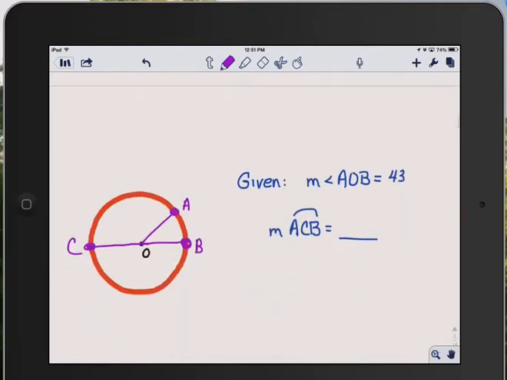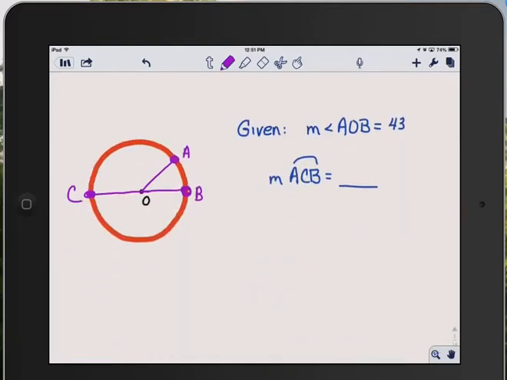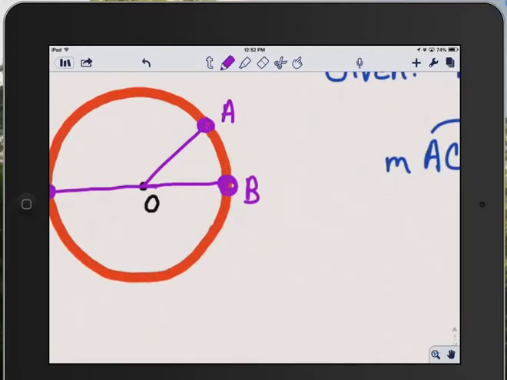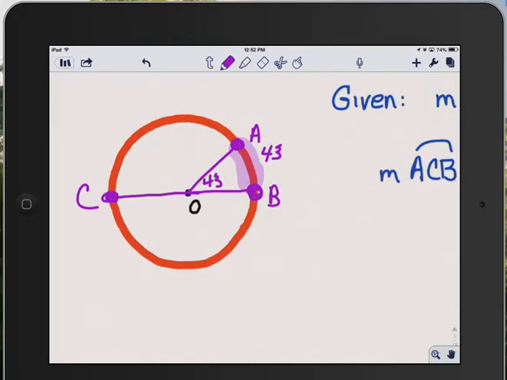Next problem. Very similar diagram. The measure of the central angle is equal to 43. So therefore, its intercepted arc AB is also equal to 43, similar to the two previous problems, then the rest of the circle, arc ACB, is the rest of the circle.